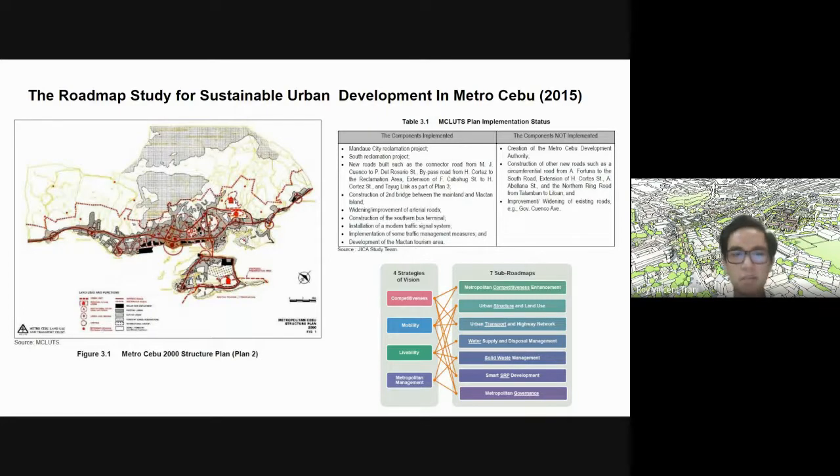And as I mentioned before, Cebu City specifically hasn't updated its land use plan since the late 90s and the 2000s. Over here is the MACLUT's plan, the Metro Cebu Land Use and Transportation Study, so MACLUT's. And you can see over here the pattern of a multiple nuclei development.